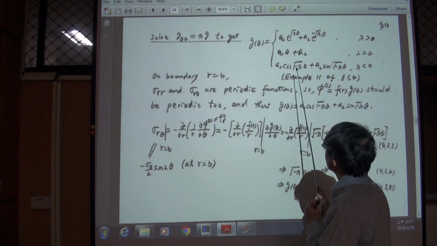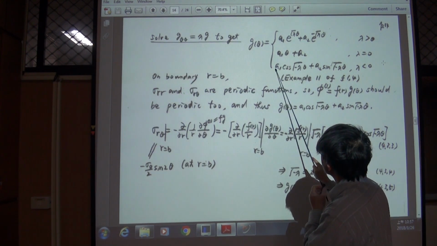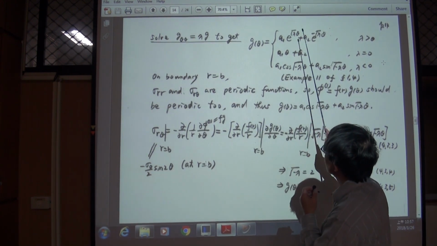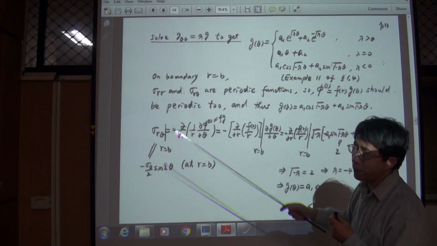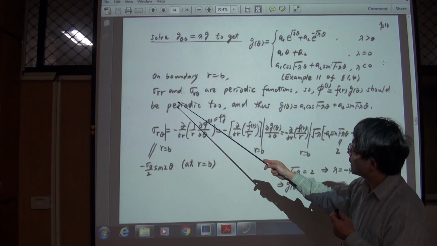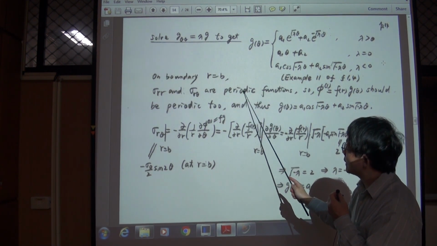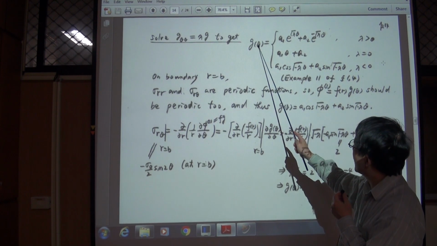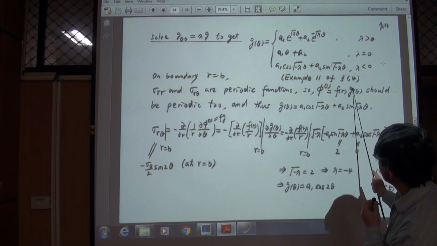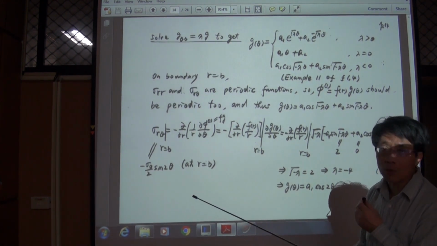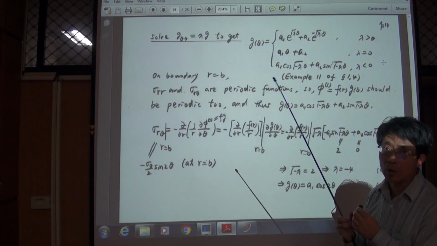And then we want to emphasize that only this solution is useful. This one is not useful, and this one is not useful. Why? Because on the outer boundary r equals b, the tractions are periodic functions. So g theta must be periodic, since phi 1 equals f times g. Otherwise, this stress will not be periodic.